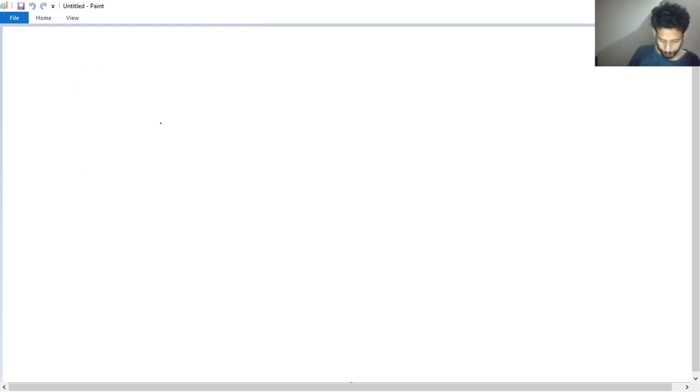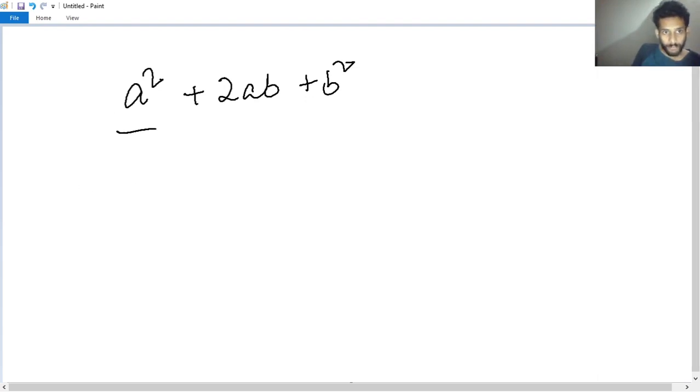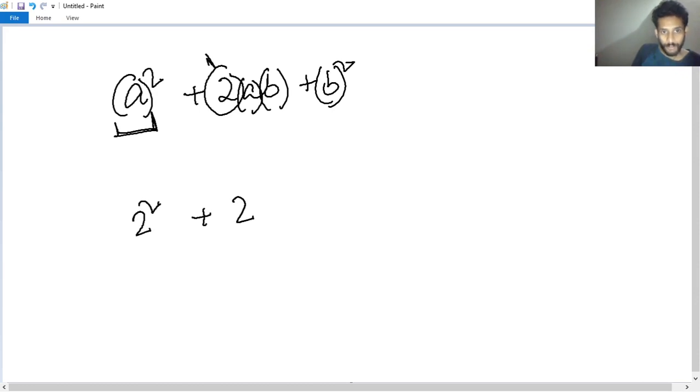Another thing is, if you see the format: a square plus twice ab plus b square. See the format. First of all, it contains the a and the square of it. It contains a here, b here, and the b square here, and this 2 here. So for example, there is 2 square, then there should be 2, here it is 3 square.